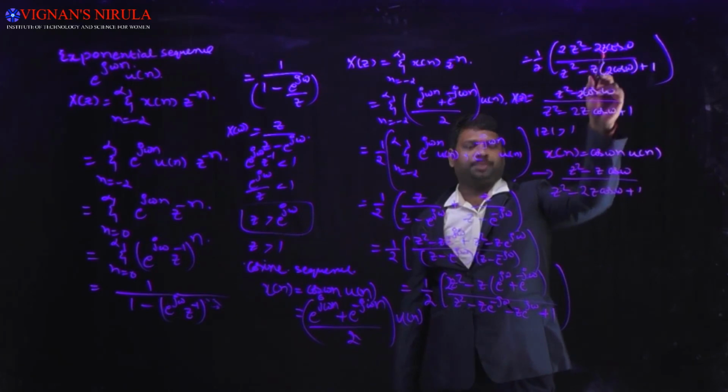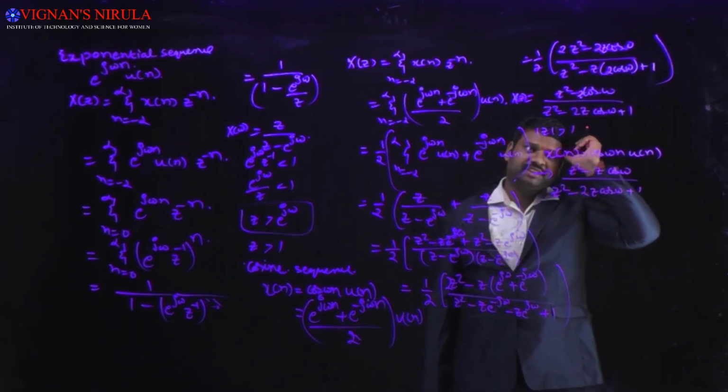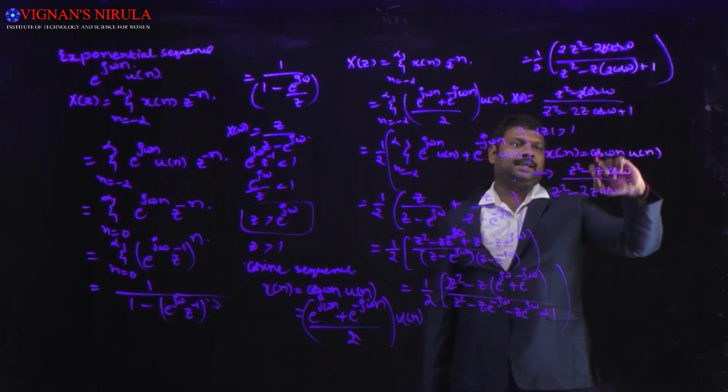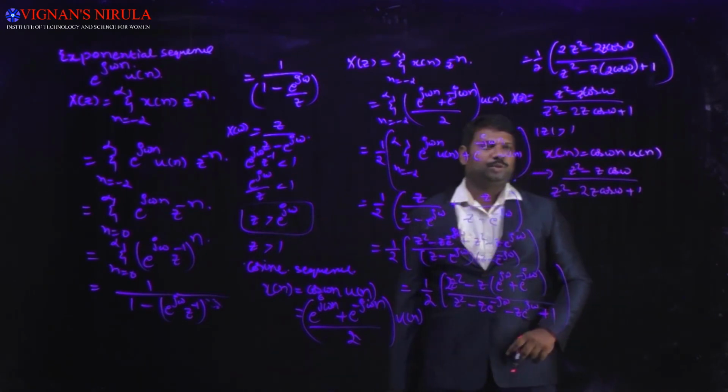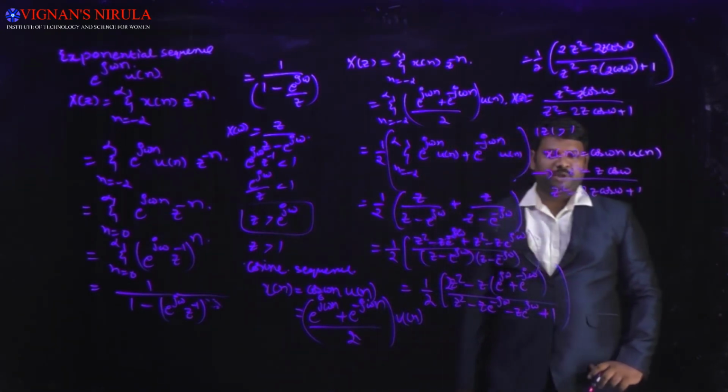Here Z is also present because we took Z as common, and for the exponentials we get 2 cos omega, then the 2 gets cancelled.